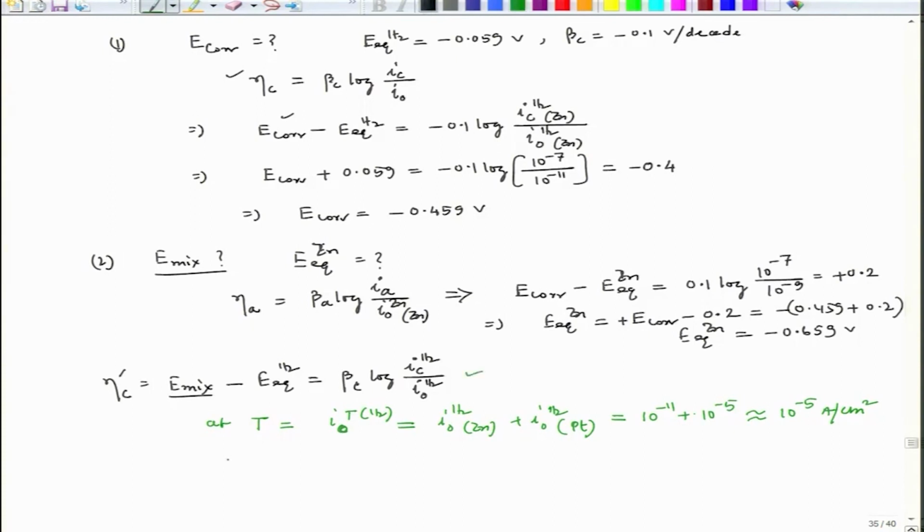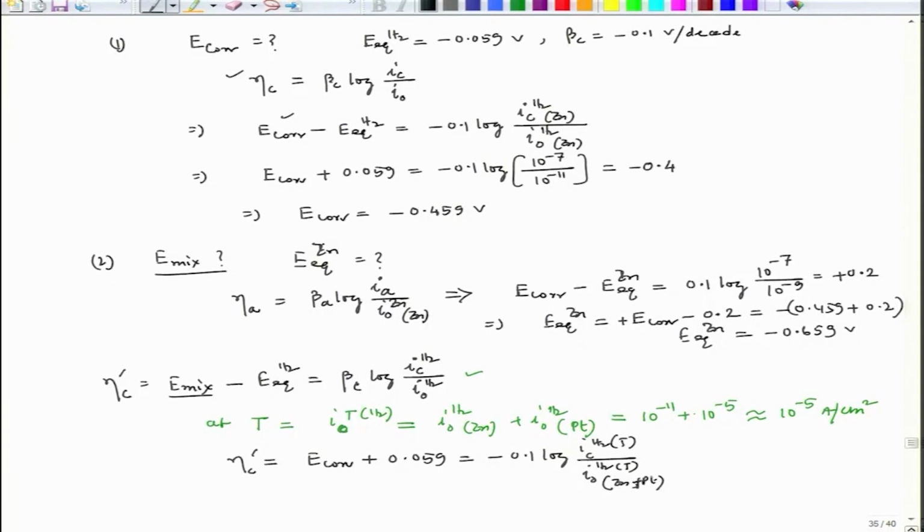So, this eta C prime equals E corr plus 0.059 equals minus 0.1 log 10 to the power minus 5, so some IC hydrogen total divided by I0 hydrogen total over zinc as well as platinum surface.